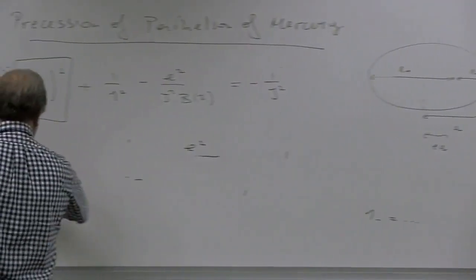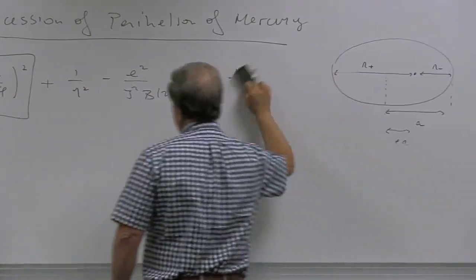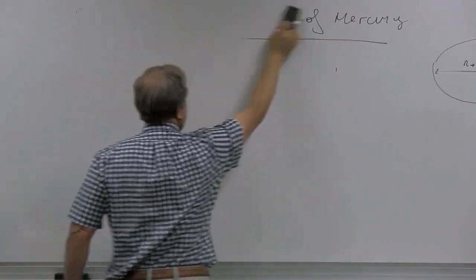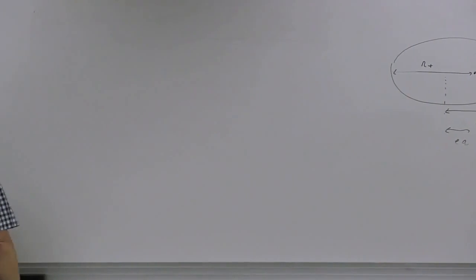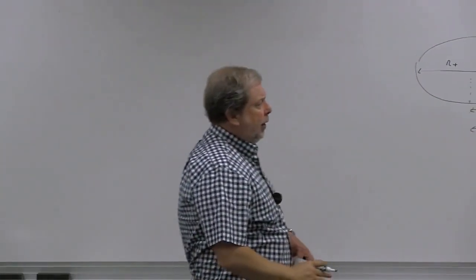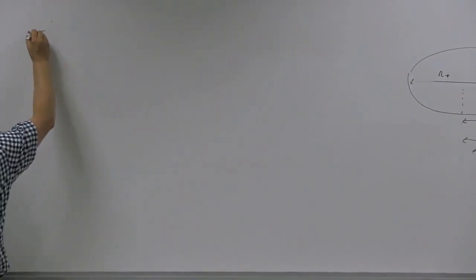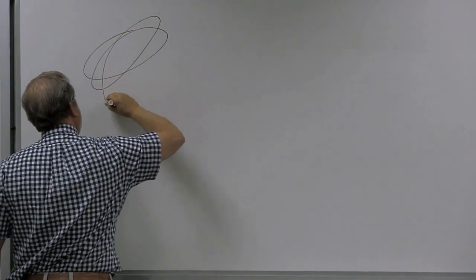And then it's a matter of being careful about writing down the correct expression for the angle of precession. Because what is happening is that because of the perturbation, because of that j-squared term, the orbit, instead of being elliptical, is going to do something like that.